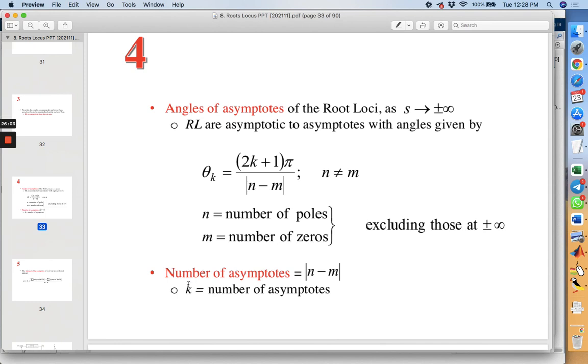K indexes the asymptotes, and the number of asymptotes is n - m.